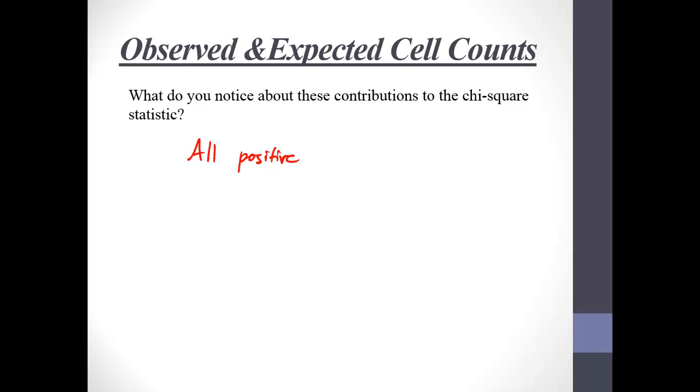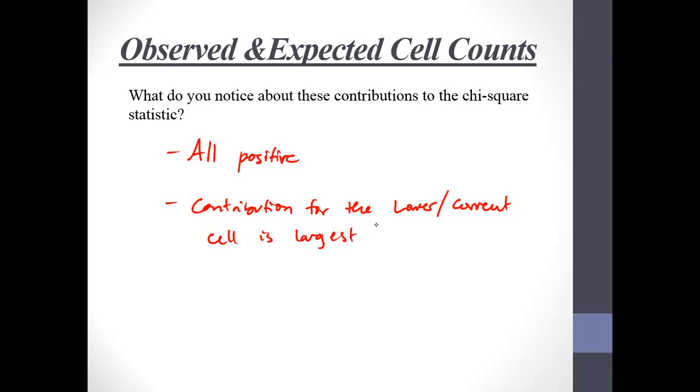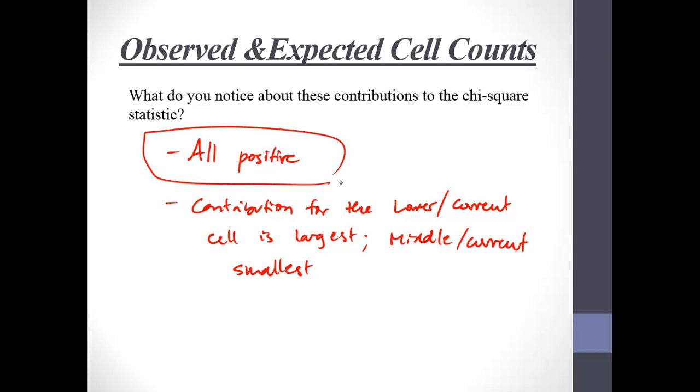That's the main thing to take away. I guess also note that the contribution for the lower class current cell is the largest, and the middle class current group was the smallest. But the important thing to note is that they are all positive.